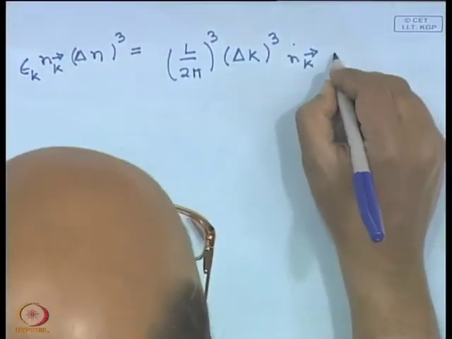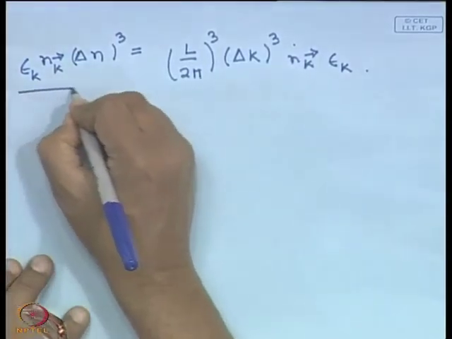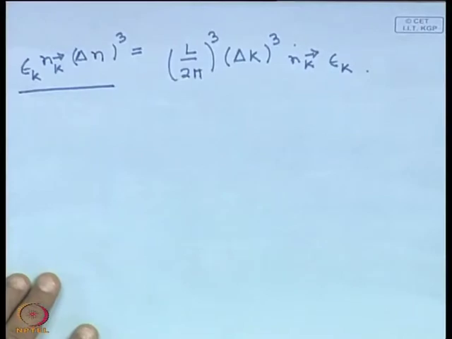So, epsilon k. This gives me the energy contained in the photons that lie in that region of the k space.